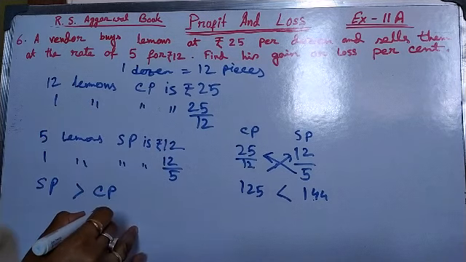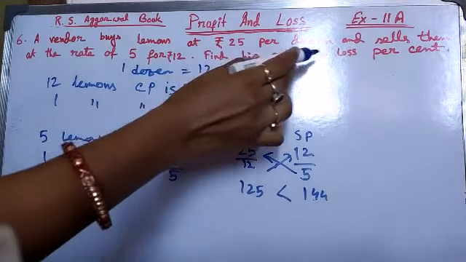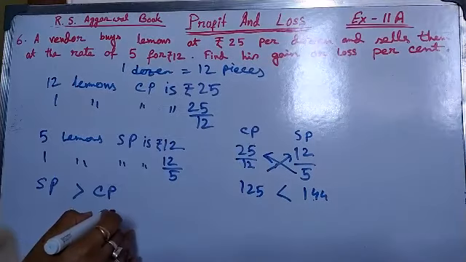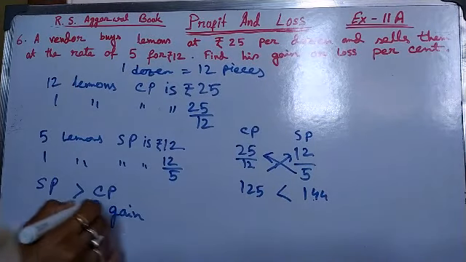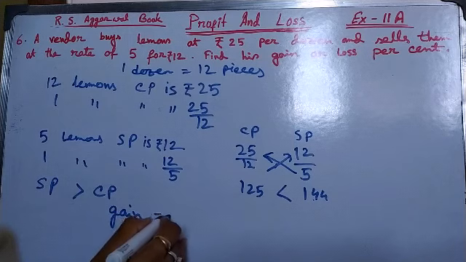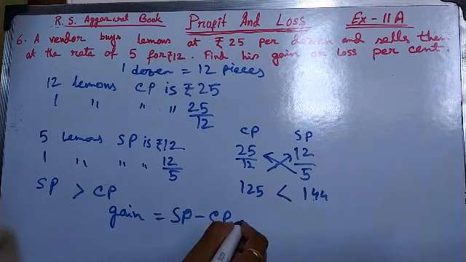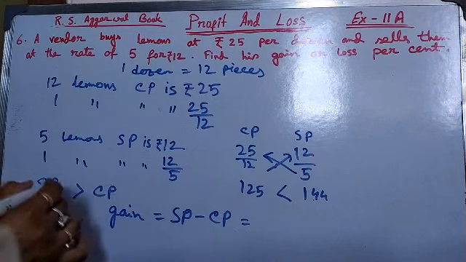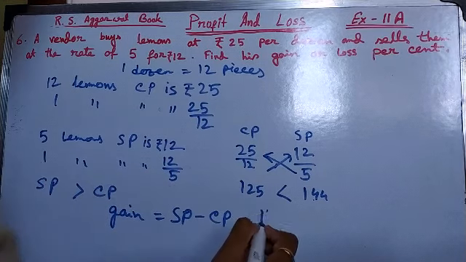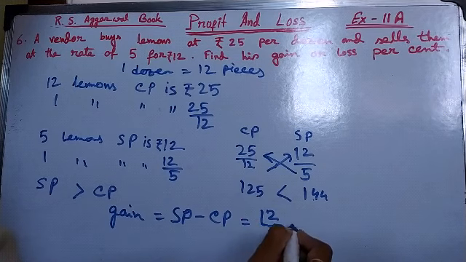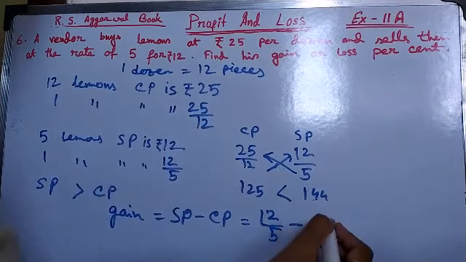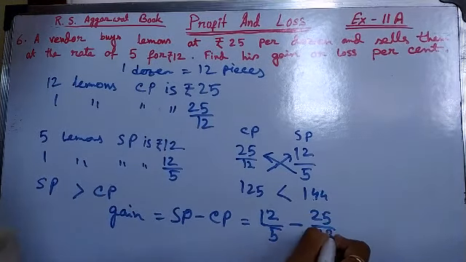So gain will be here, since we have to find his gain or loss. Gain will be here because SP is greater. So gain equal to SP minus CP. That means SP for 1 lemon is 12 by 5 minus CP for 1 lemon is 25 by 12.